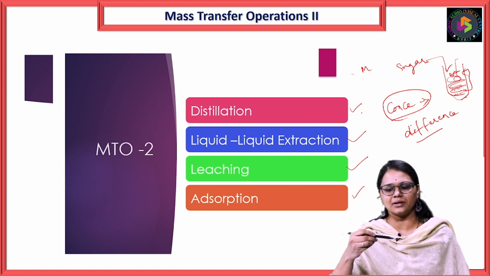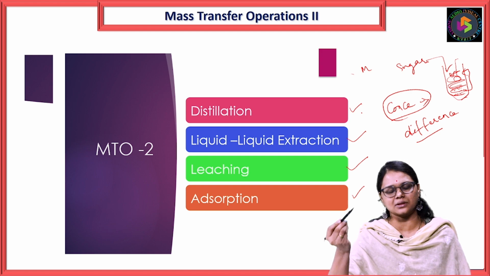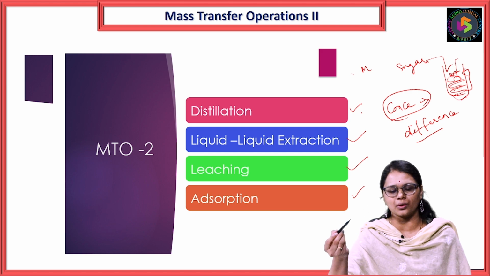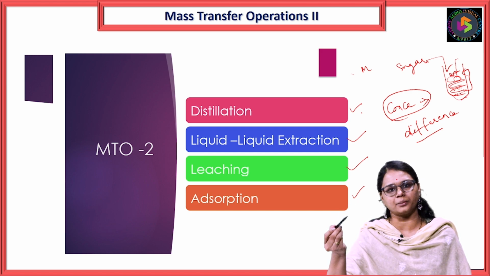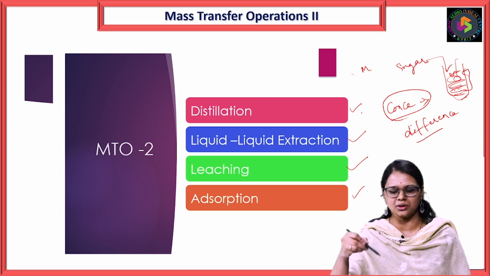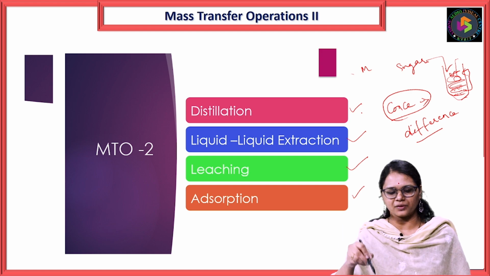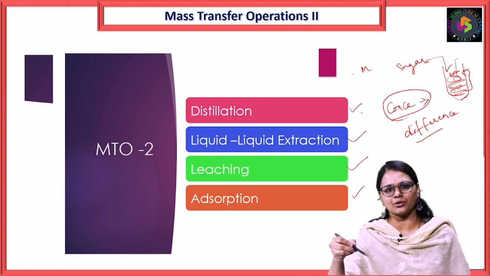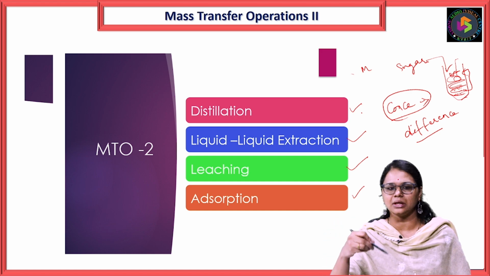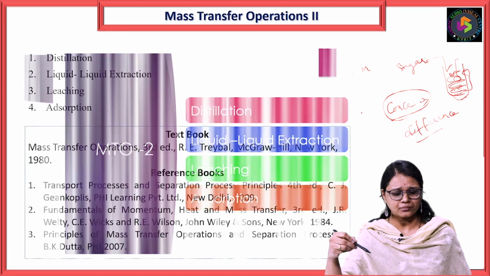In distillation, we'll deal with different kinds of phases, and we'll talk about how to separate and get a product in pure form. First we'll talk about a basic understanding of distillation. Then, as we move on to the next sessions, we'll talk about extraction, leaching and absorption.